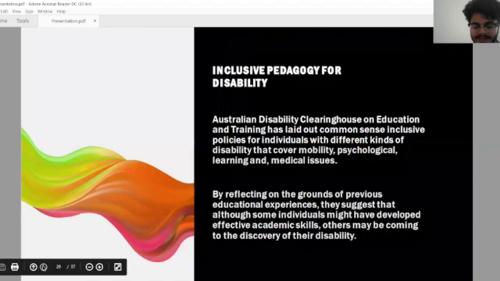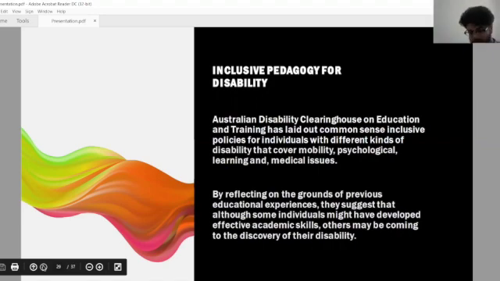And when it comes to inclusive pedagogy for disability, the Australian Disability Clearinghouse on Education and Training has laid out common sense, inclusive policies for individuals with different kinds of disability that cover mobility, psychological, learning, and medical issues. By reflecting on previous educational experiences, they suggest that although there are individuals who might have developed effective academic skills, there could be people who are just coming to terms with their disability because they were not diagnosed previously.